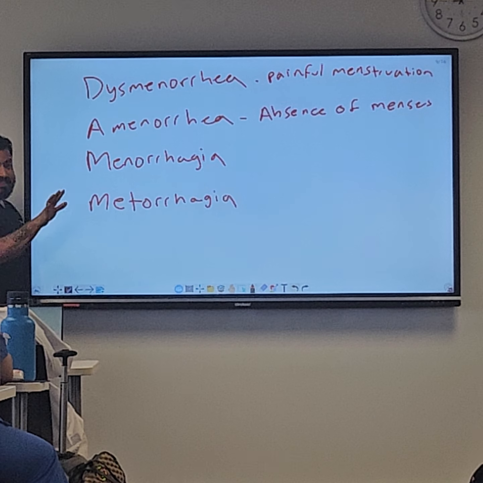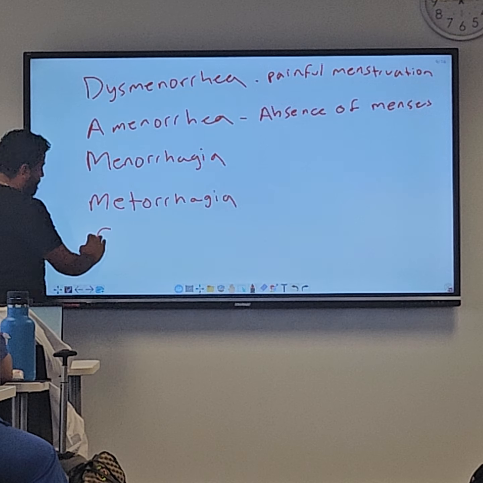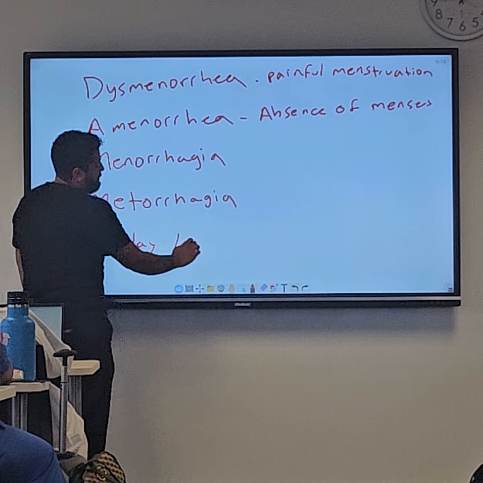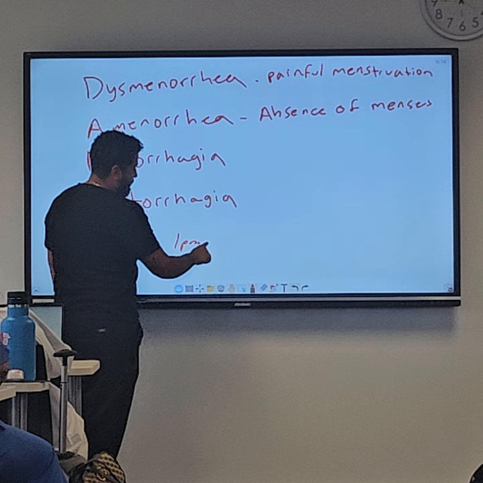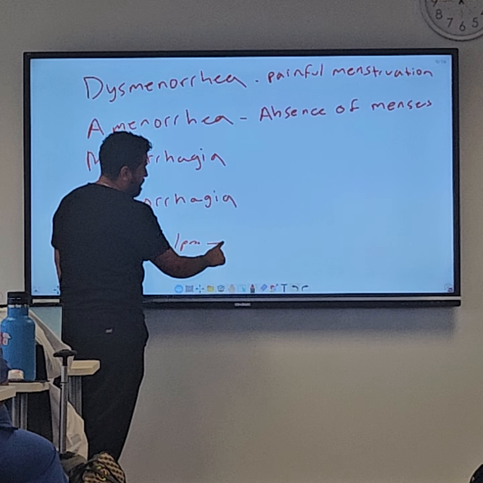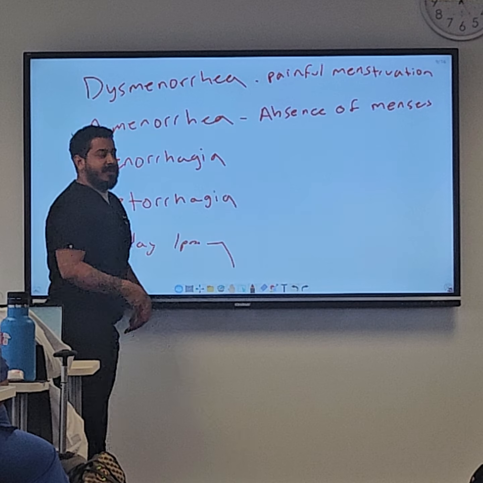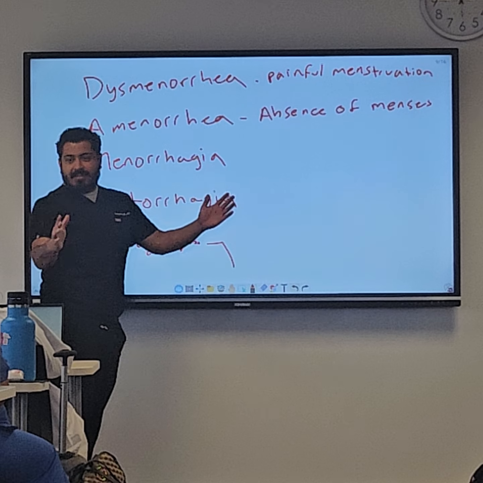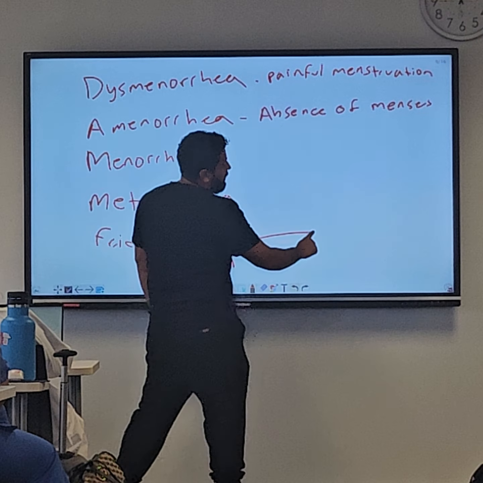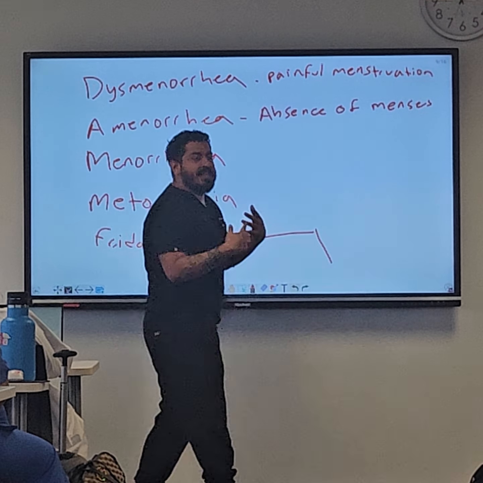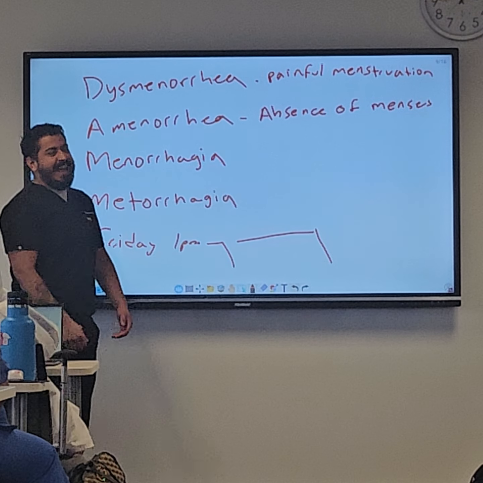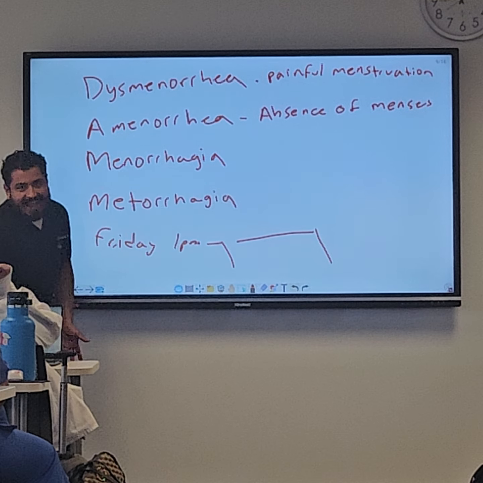Let's say it landed on Friday, and at Friday around 1 p.m., you would just have one bleeding episode. Like, here you go. That's a period. And that was it. And then a whole another month till the next one. You get what I mean? It's like, there you go. Like, check it out.